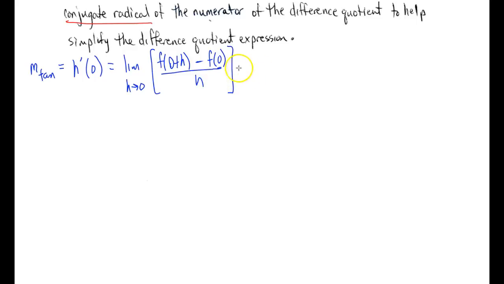Okay? Or we could write it this way. Limit as x approaches 0 of f of x minus f of 0, all that divided by x minus 0. Okay?